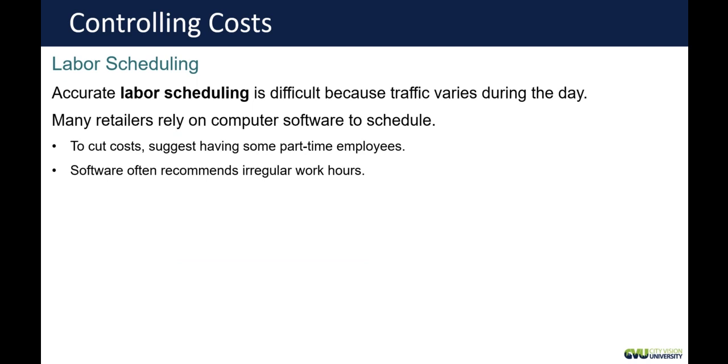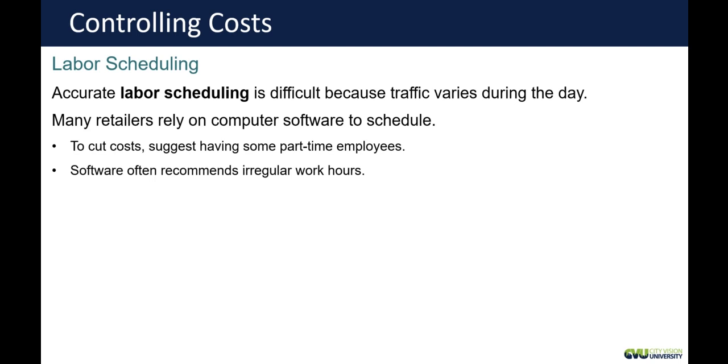So what a lot of companies do, they use computer software to schedule, right? So the computer, the AI, they either have an AI or they have some sort of system that goes through and figures out when employees should be there based on sales. So this might force you to need to use more part-time employees rather than full-time employees because, let's face it, part-time employees are going to be cheaper.